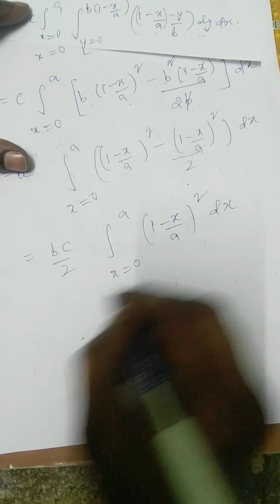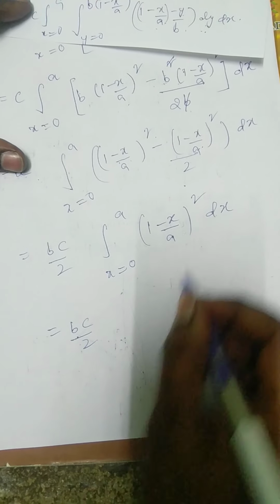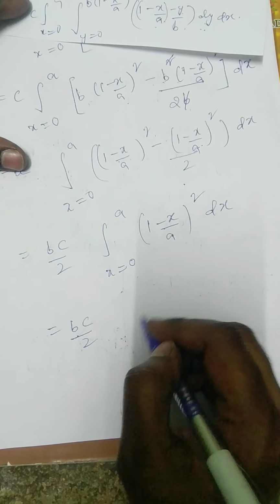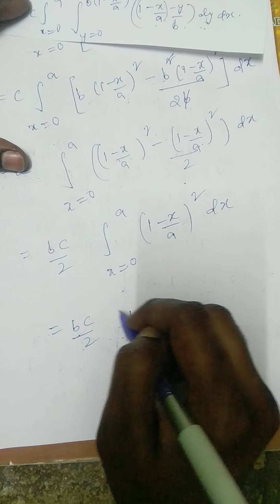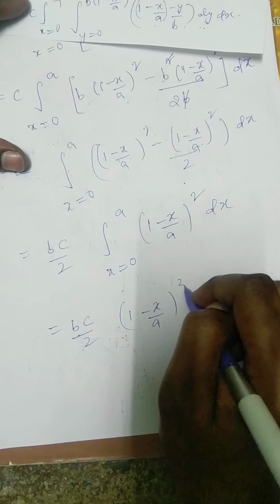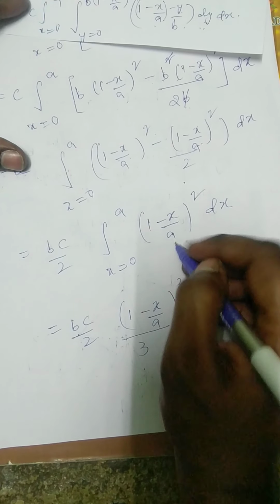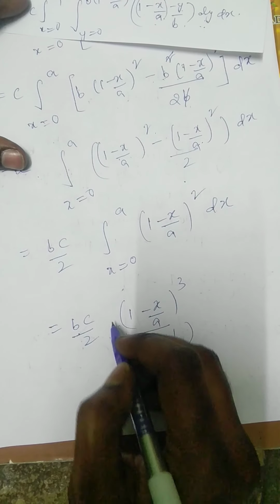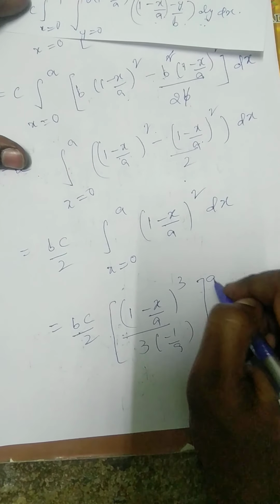So that equals BC by 2. Just imagine this is some x square. What is the integration of x square? X power 3 by 3. That is 1 minus x by a whole power 3 by 3 into the integration of 1 minus x by a, that is minus 1 by a. Limits are 0 to a. Is it clear? I think so.